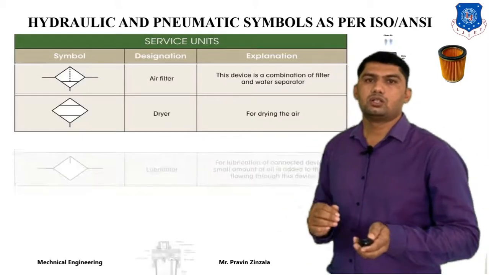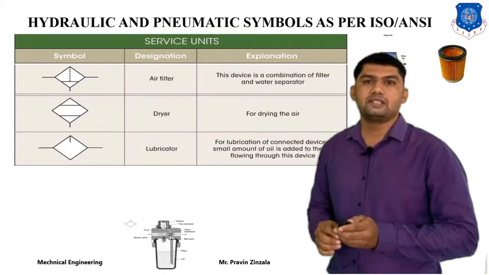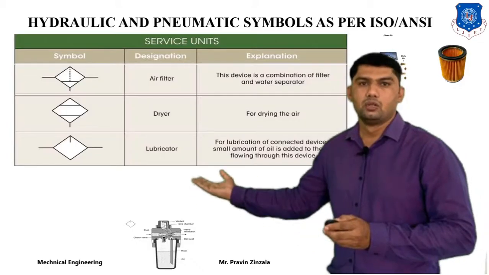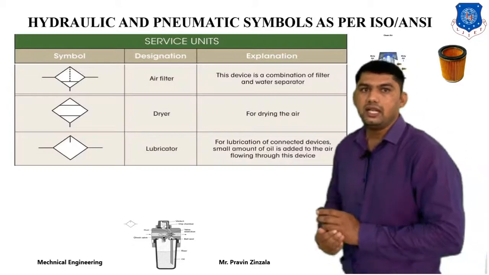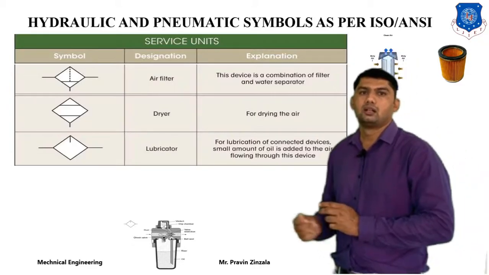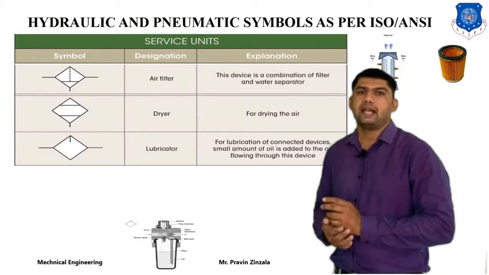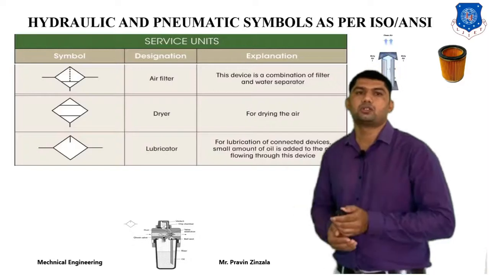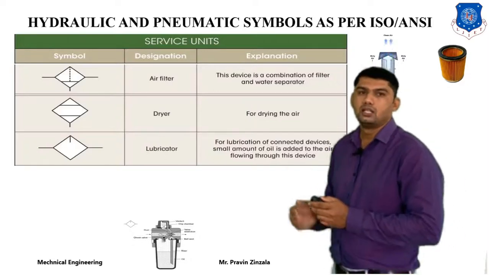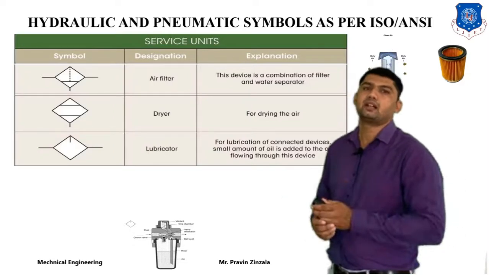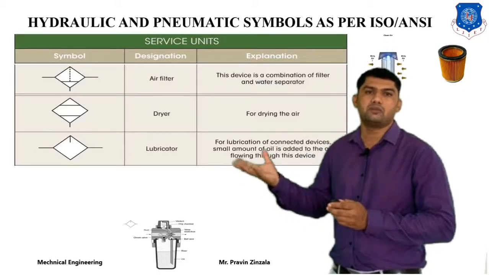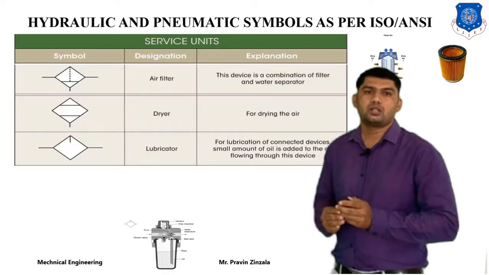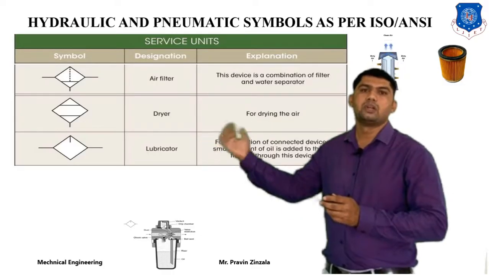The next symbol of the service unit is the lubricator. The function of the lubricator in a pneumatic system is to increase the lubricating properties of compressed air. Due to the continuous motion of components, there will be wear and tear. So to reduce wear and tear, or reduce the friction between relatively moving components, we use the lubricator.